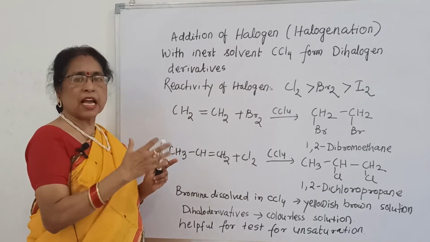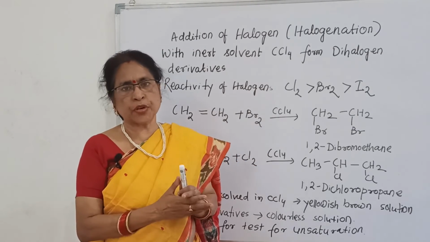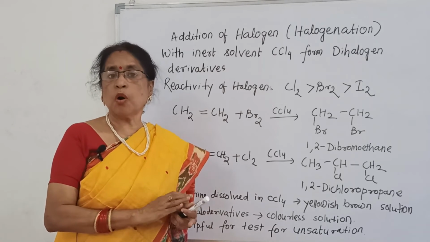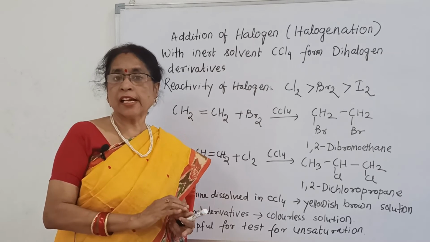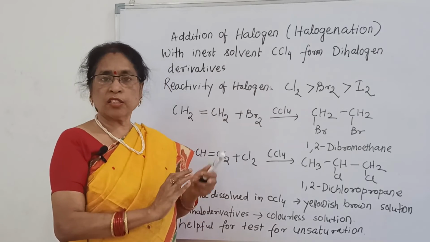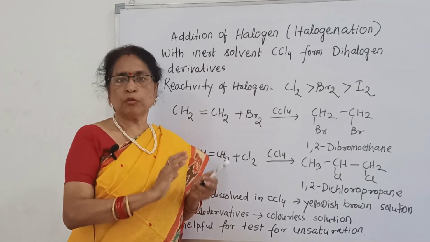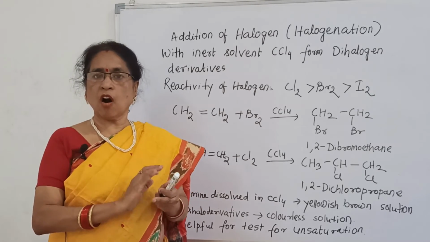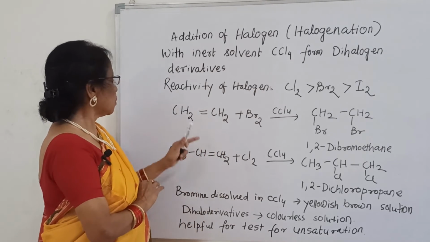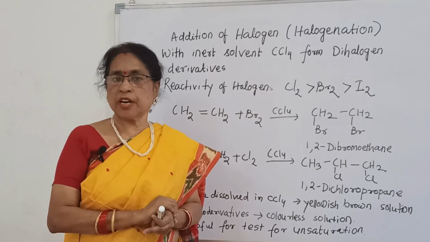Now you can observe here, this contains a double bond, ethene or propene or butene any. That means it is one type of unsaturated hydrocarbon. What is the difference between saturated hydrocarbon and unsaturated hydrocarbon? Saturated means there is no double or triple bond, only single bond. What is the example? Alkane. And unsaturated hydrocarbon means a compound which contains a double or triple bond. So here, how can you say that your compound is unsaturated hydrocarbon?